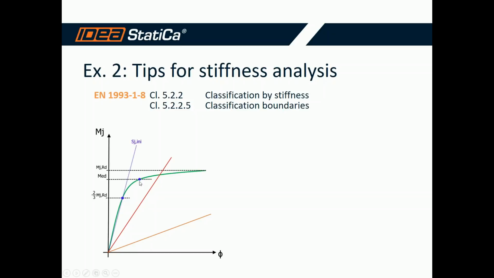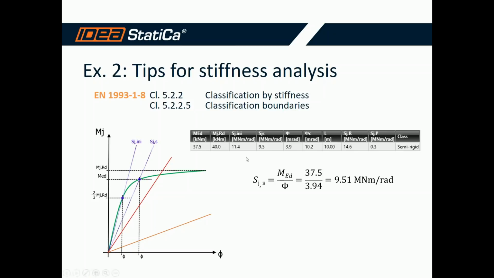For the level of the design load the procedure is the same, and the result is the second rotational stiffness. The result values are provided in the result table, and you can calculate it on your own and check it.